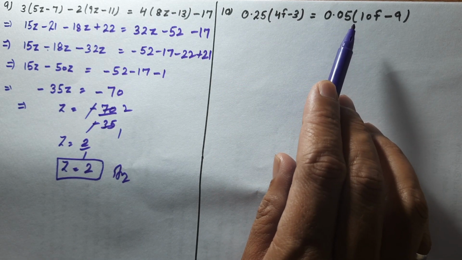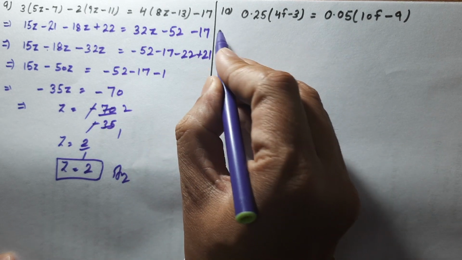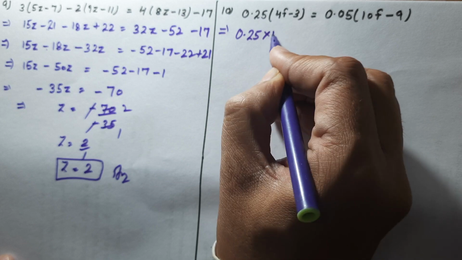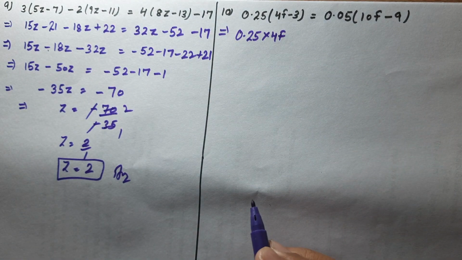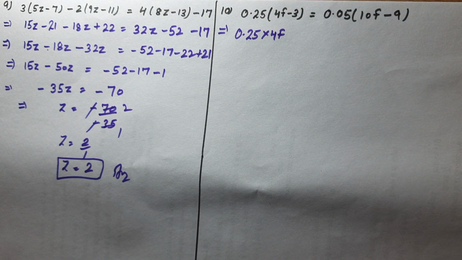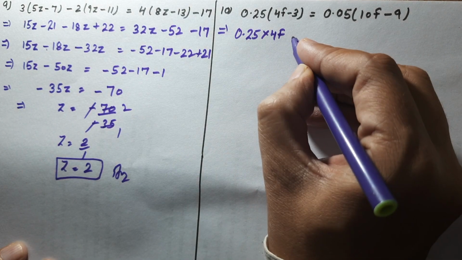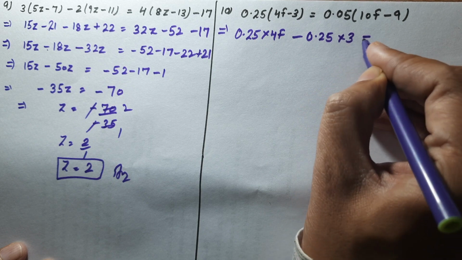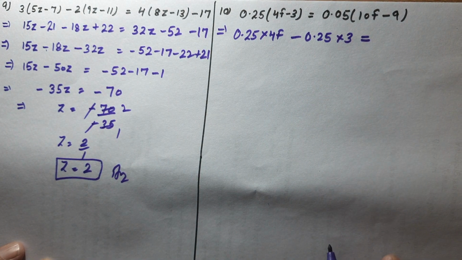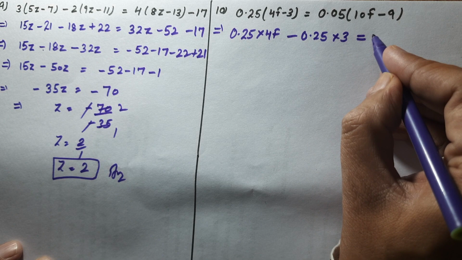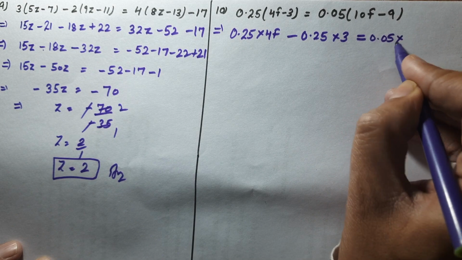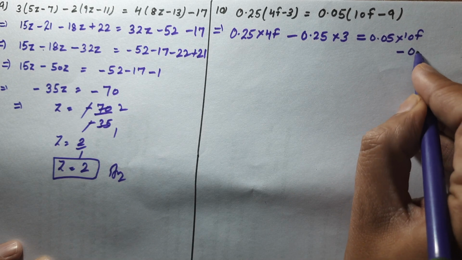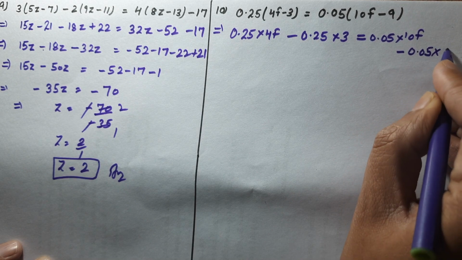We will first of all simplify the brackets like this. 0.25 into 4i minus 0.25 into 3 equals 0.05 into 10f minus 0.05 into 9. Because a decimal is involved, I will be solving and showing you how to do it.